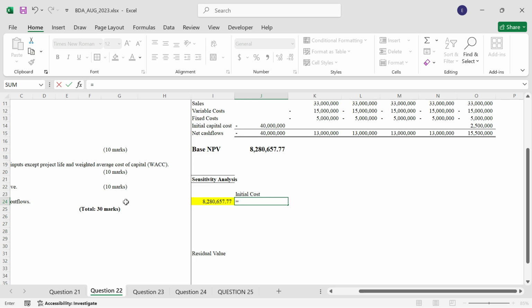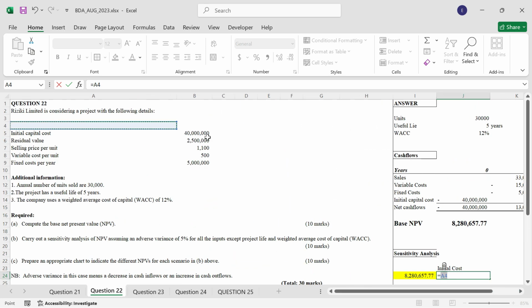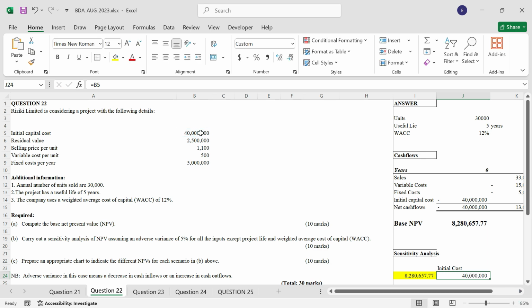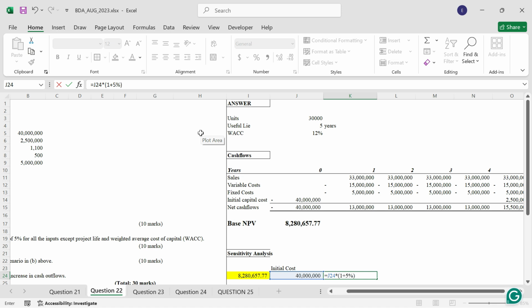My initial cost was 40 million, and if this becomes adverse, that will mean that this cost increases over time. So this will be 40 million multiplied by 1 plus 5%.